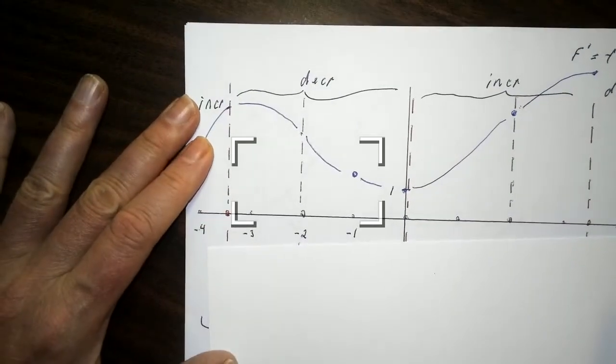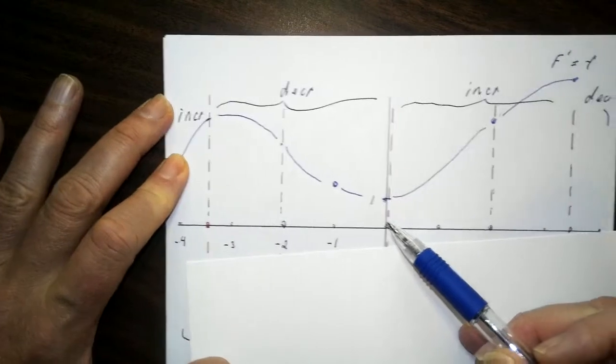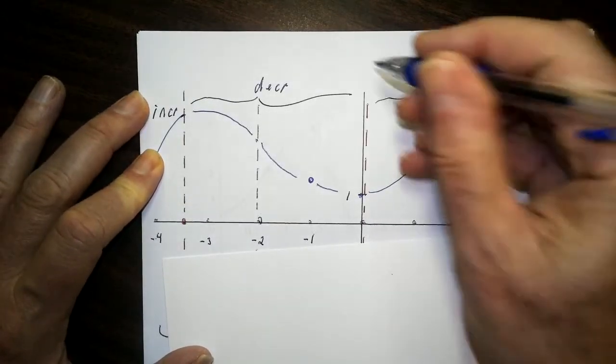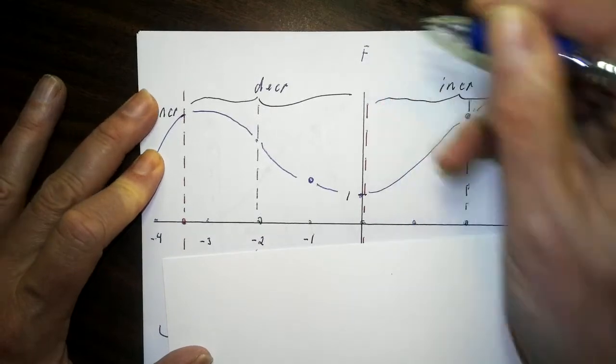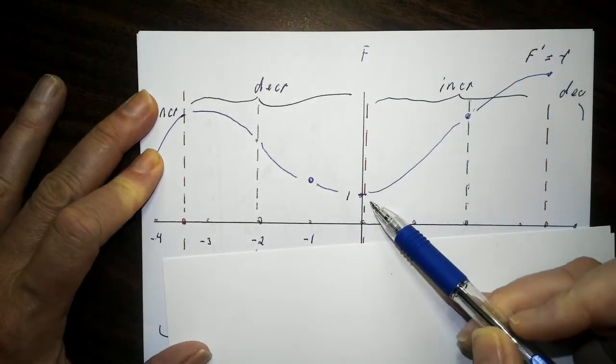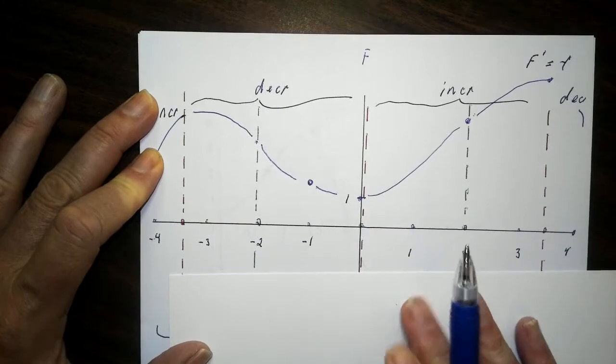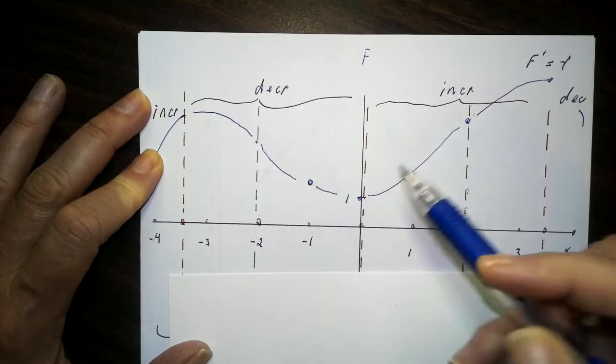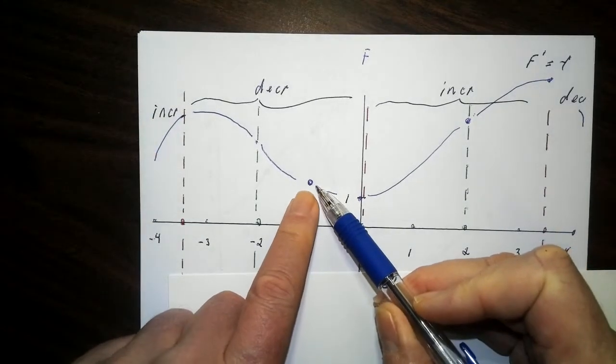We know for sure that the graph of capital F, the antiderivative, so I wrote this up here, but this is really the graph of capital F, the antiderivative. I know for sure that it passes through 0, 1. I have an estimate that it passes through negative 1, 2.